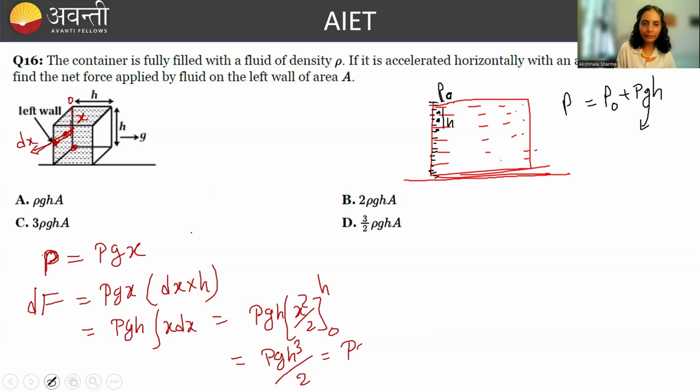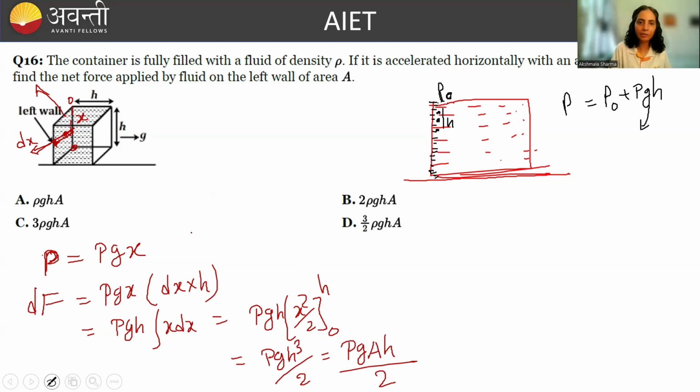It can be written as rho g h into h square, which is the area of this left wall. I am writing h square as A, and then this will be divided by 2. So this is the force acting on the left wall because of gravity.